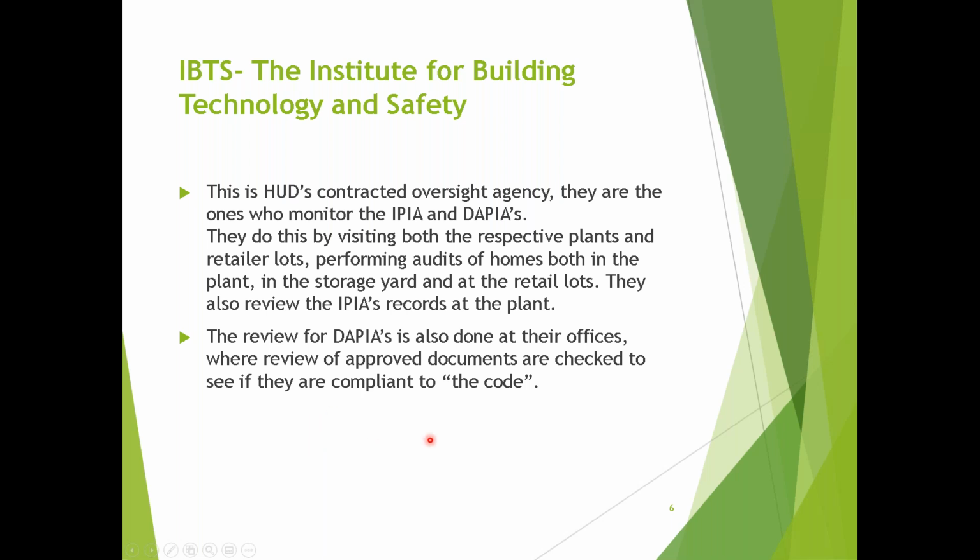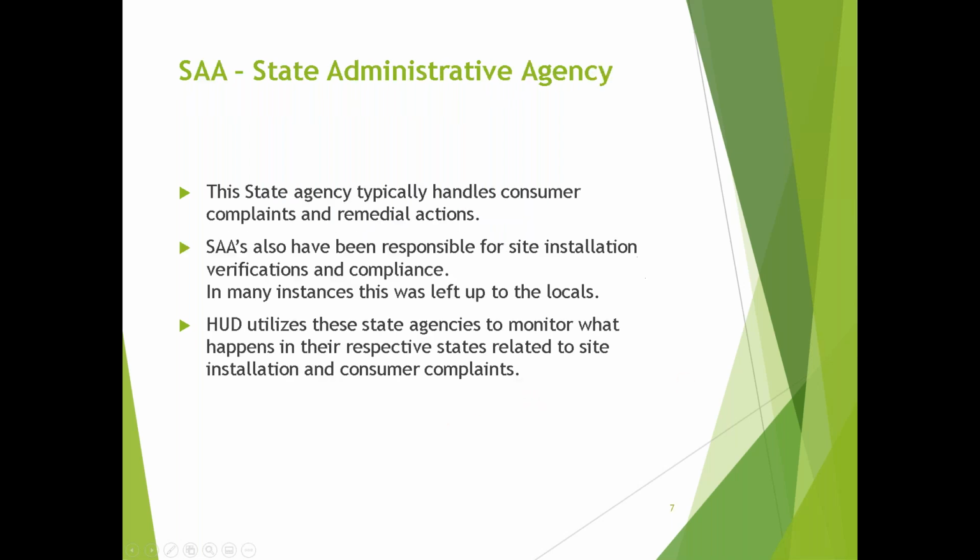They do the same thing with the DAPIA, but the DAPIA being the review agency, they'll look at approved documents, go to their office, and check to make sure that what they're approving, in this case installation manuals, is up to the code.